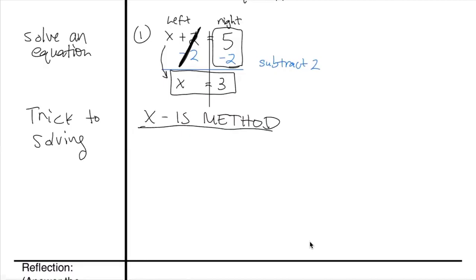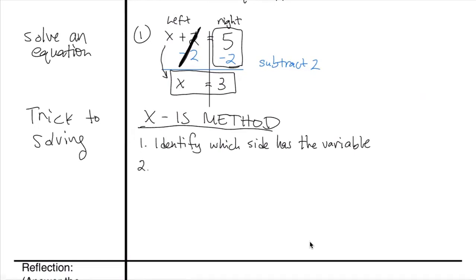Now, the X is method is you first identify which side has the variable. So go and write that down. Identify which side has the variable. Is it the left side or the right side?